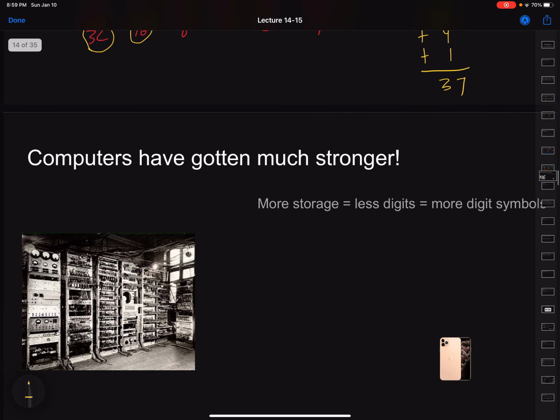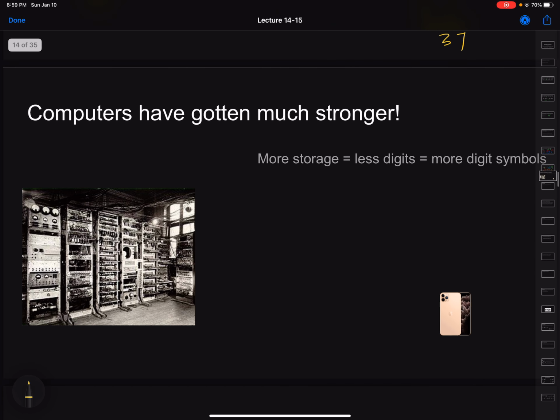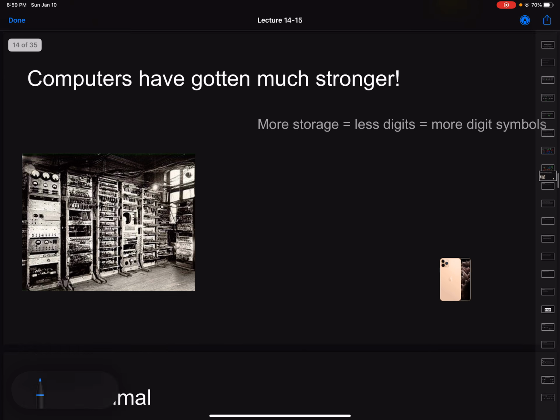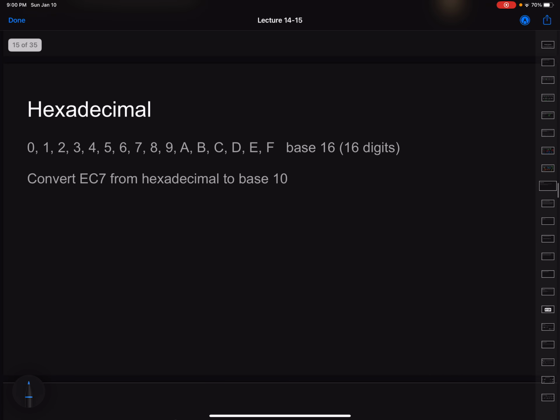Now while we're here, it's worth mentioning, computers have gotten much stronger. More storage means fewer digits, which means more digit symbols. We've moved from a world which needed simplicity to a world that needs more storage. We are always worried about how much storage we have left. So, because of that, we have moved into what's called a hexadecimal system.